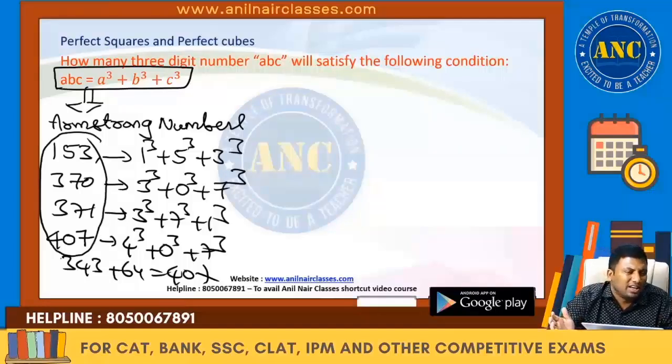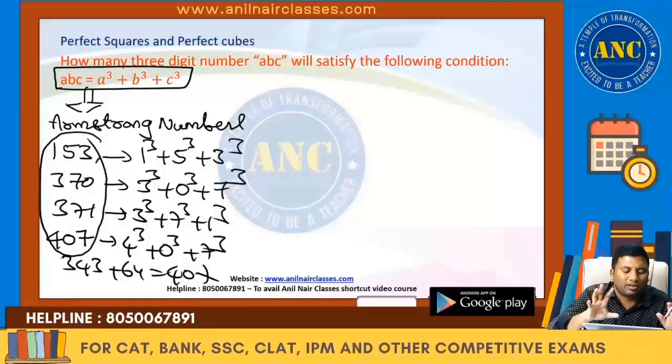Like that, in a 5-digit number, 6-digit number, there are some numbers, like 65505. There are so many Armstrong numbers. Now these are the 4 such numbers which will satisfy. Instead of doing 4 different values, I will show you how 153 is obtained for one such value.